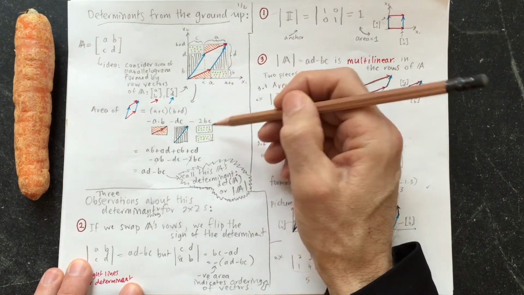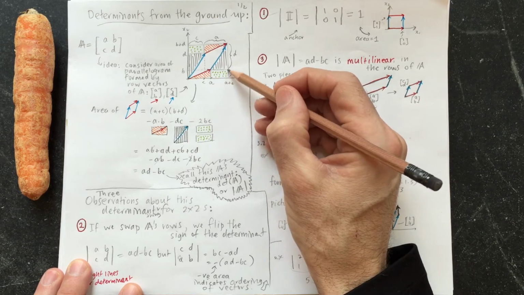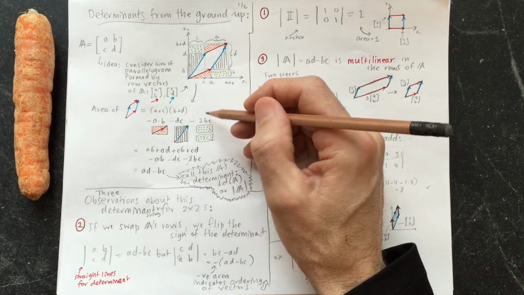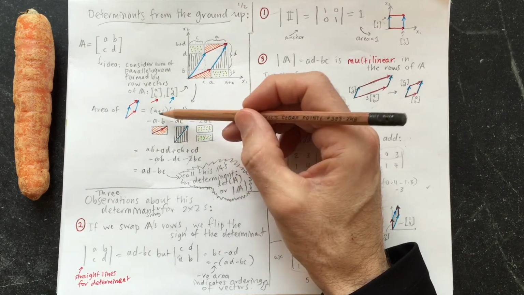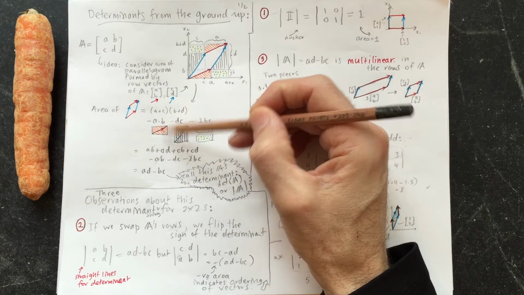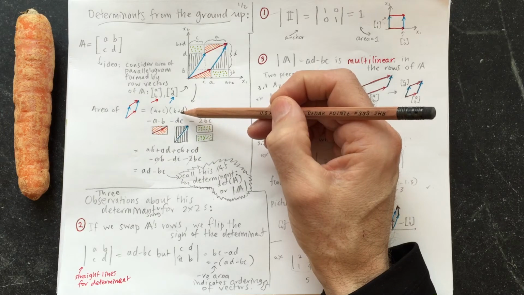And then there are these two rectangles here, with width C and height B. So minus 2BC. Now we can expand this, just a tiny bit of algebra. We get an AB and an AD, a CB, and a CD. That's expanding this.